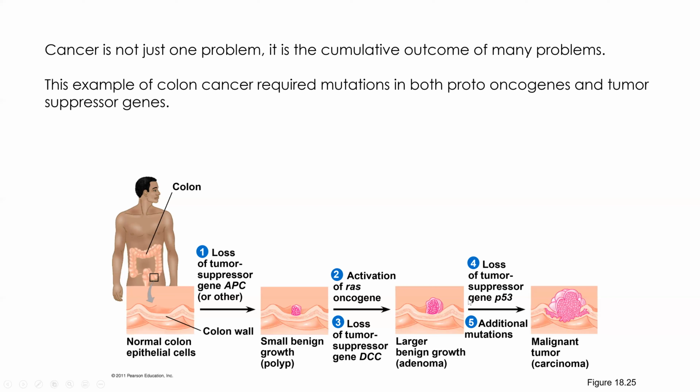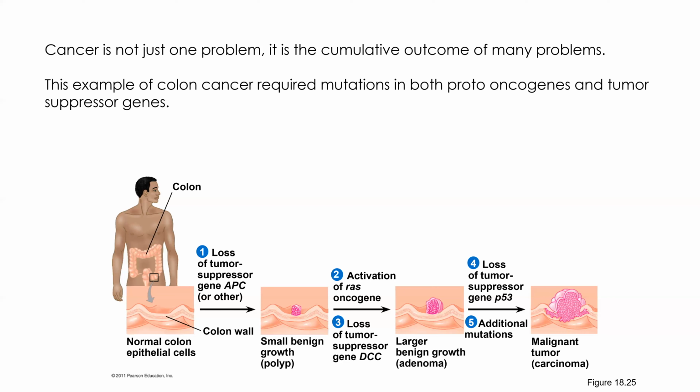Next, here we've lost, in step 4, P53, which hopefully now you've seen the significance of. We can get additional mutations. These other mutations, not shown on this slide, you can relate back to chapter 16, DNA repair mechanisms.